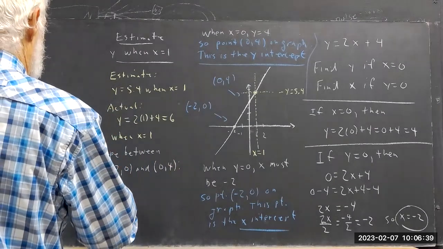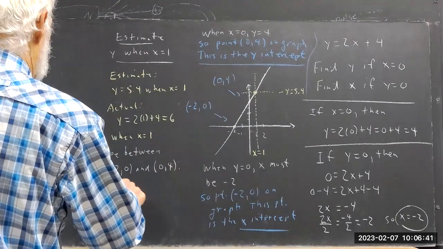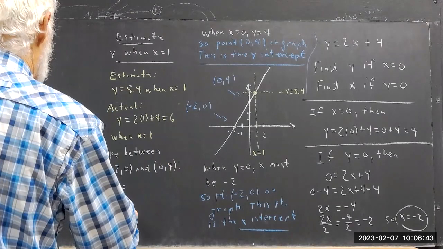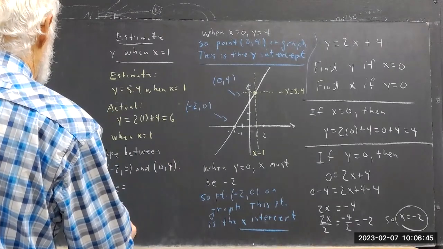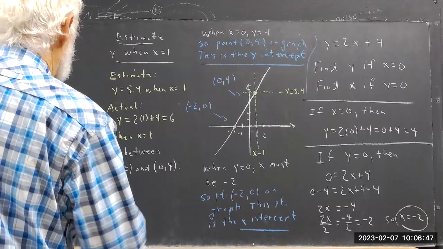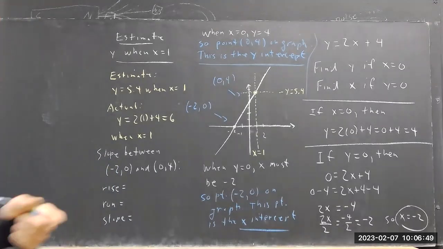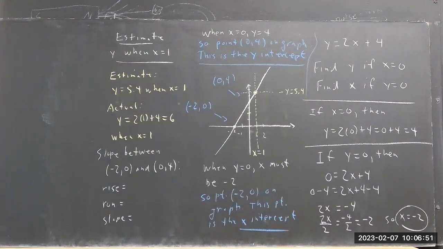What's the rise? What's the run? And what's the slope? Just kind of write that down for me.